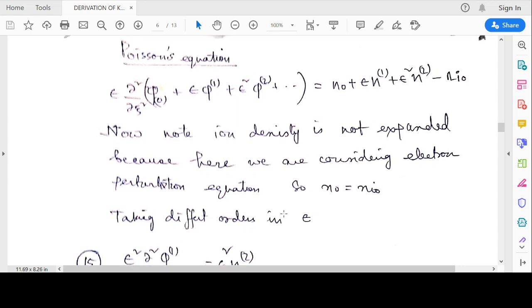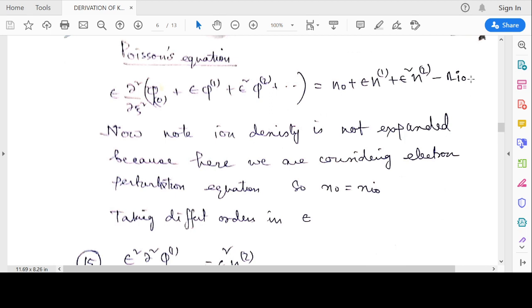Okay. Now for the Poisson's equation, you see we have written the perturbation expansion of the potential, and the del 2 del x2 was there, and we have just written it in terms of xi and expanded it. Make sure that the ions here act as the neutralizing background. Why do you call it neutralizing background?